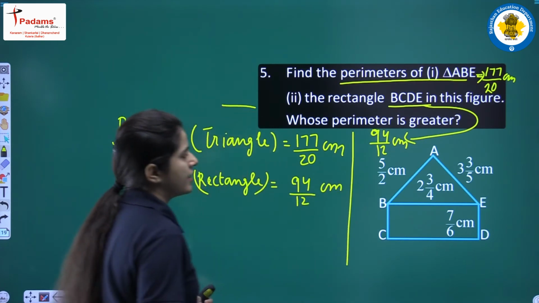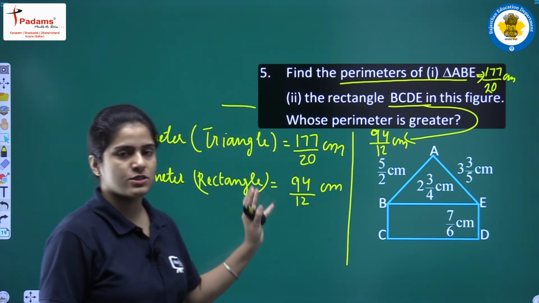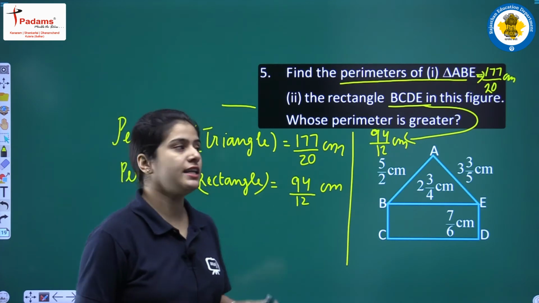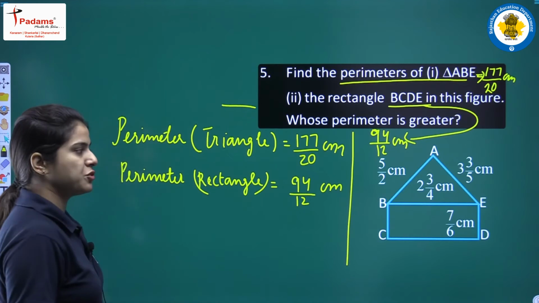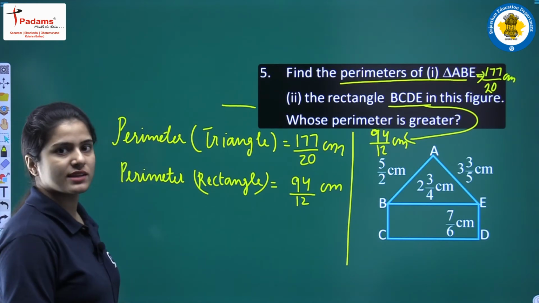Alright students, we have to make these two comparable so that we can find whose perimeter is greater, okay. So what you need to do, you have to make the denominators equal to each other, okay.